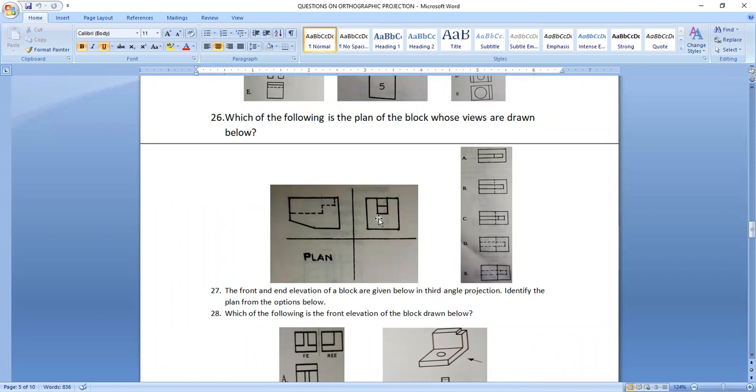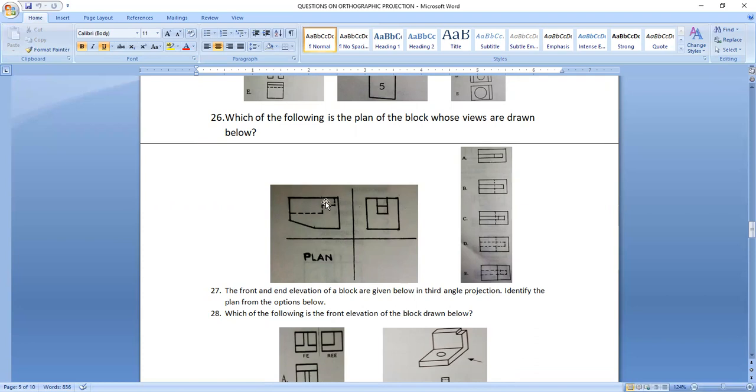Now, when I'm looking at this object from the top downward, there is a point here that is hidden from us, a line under here that is hidden from us. So that means we are going to have a short dashed line somewhere. Looking at the options, option C is the correct answer, because the hidden part is shown here.